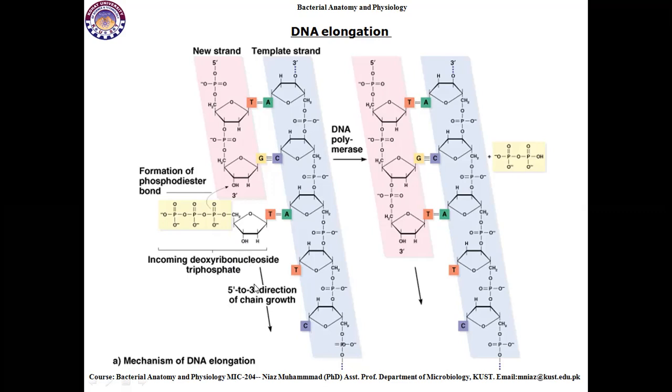So gradually this chain will increase. This is the parental strand, and here the daughter strand will form. Similarly, over here this is the parent strand and this daughter strand is going to form. The 3' hydroxyl group is free, where the 5' of the coming nucleoside will make a phosphodiester bond, and it will increase along the mechanism of DNA elongation.